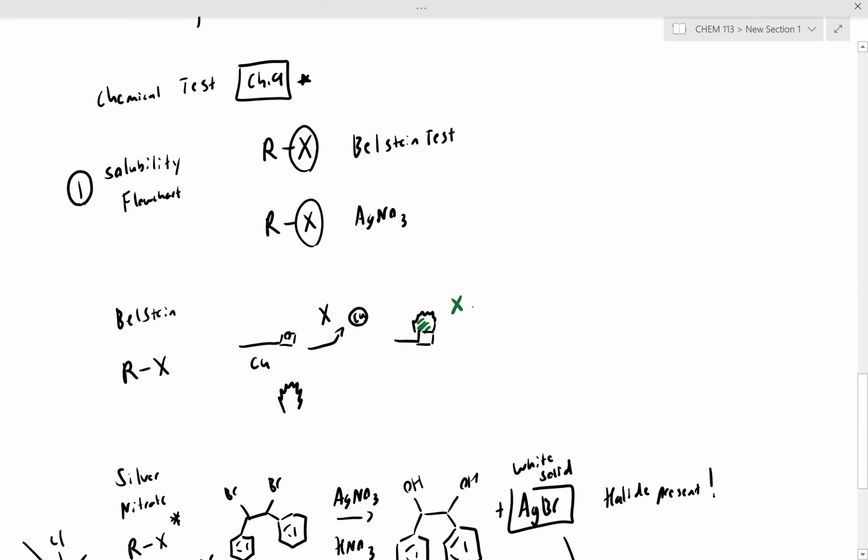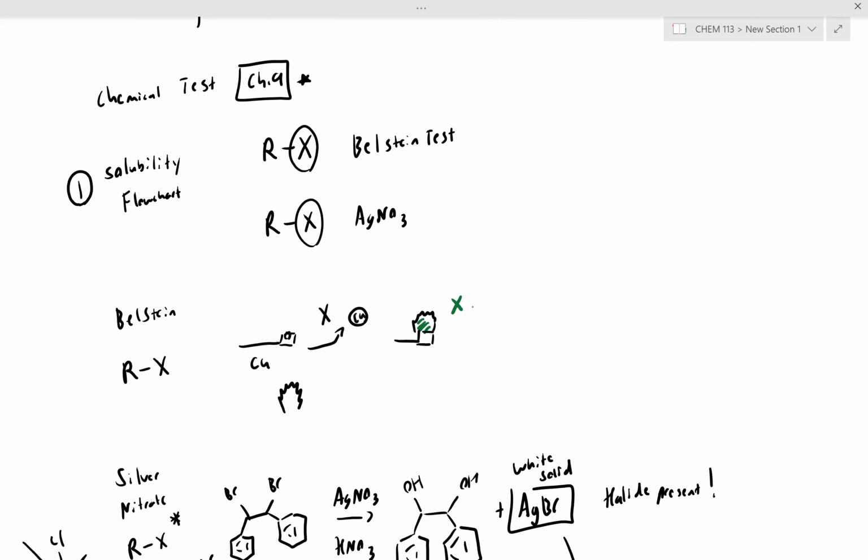And then the silver nitrate is the one for the halogen, right? Halide. Both will serve as a positive test for the alkyl halide. I'm just making the distinction that the Beilstein test can detect aryl halides and vinyl halides, while the silver nitrate test is specific towards alkyl halides that are reactive via nucleophilic substitution reactions.